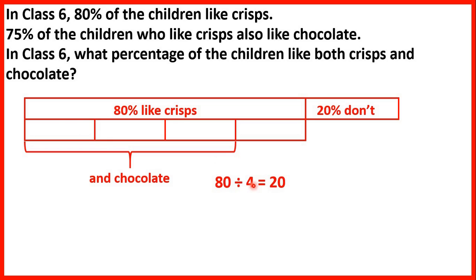So 80 divided by 4 is 20. And then we can multiply by 3, and 20 times 3 is 60. So 60% like both crisps and chocolate. We can say that 3/4 of 80% or 75% of 80% is 60%.